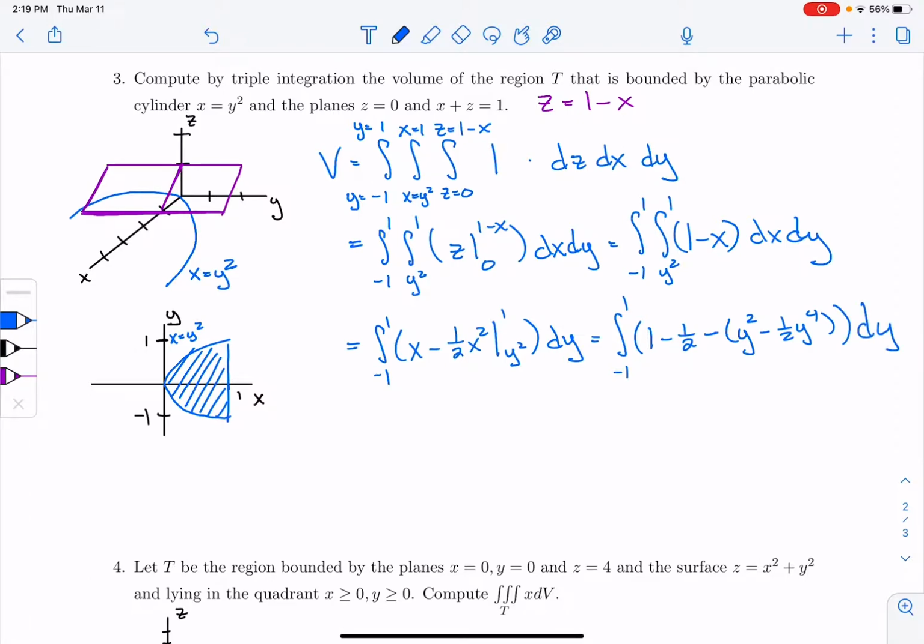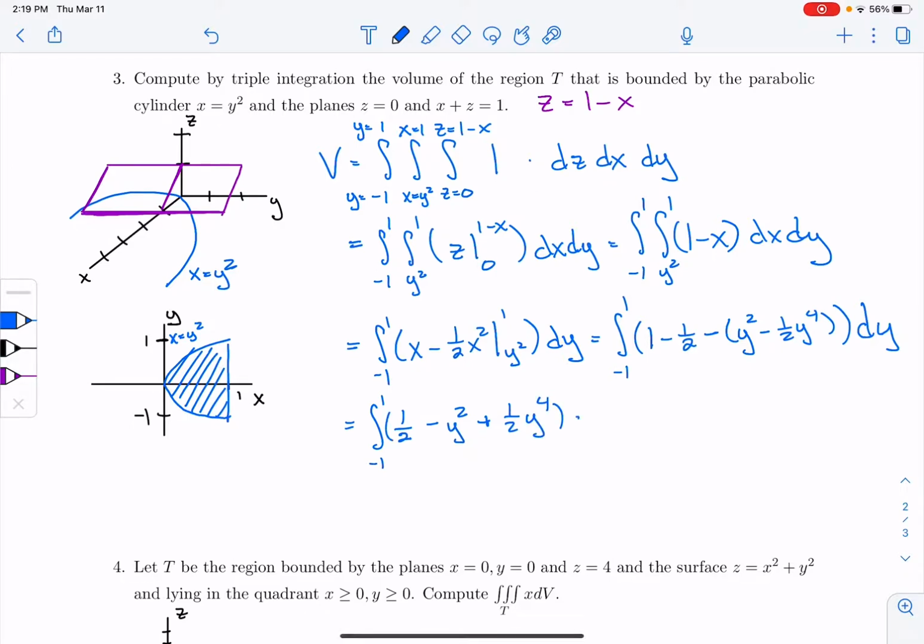Okay, so I just want to simplify real quick. It's the integral from minus 1 to 1. 1 minus 1/2 is going to be 1/2. And then I'm going to have a minus y squared, and then a plus 1/2 y to the 4th.